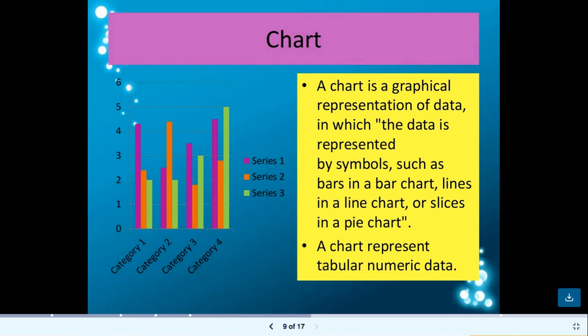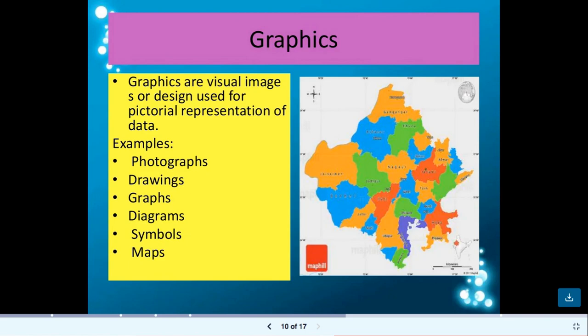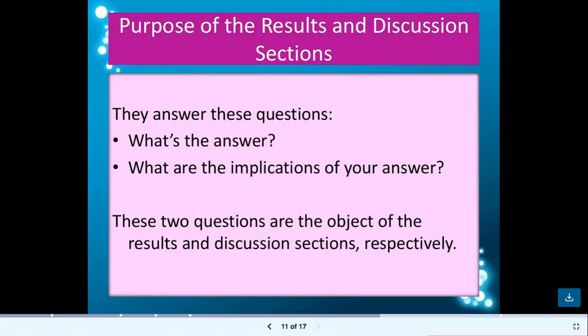A chart represents tabular numeric data. And then you can use graphics too. Graphics are visual images or designs used for pictorial representation of data. Examples: photographs, drawings, graphs, diagrams, symbols, and maps.